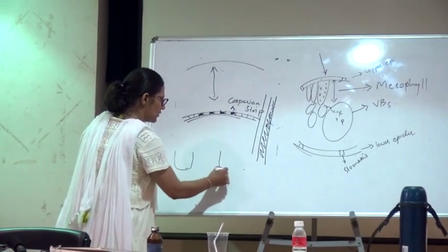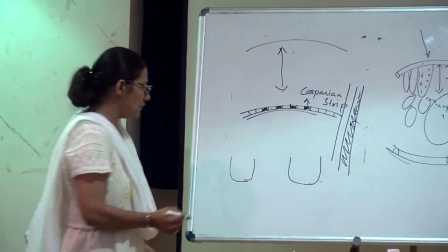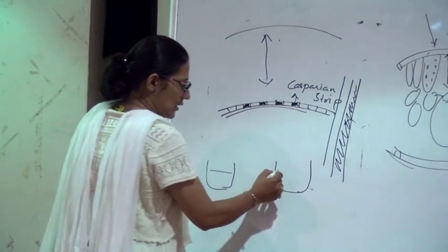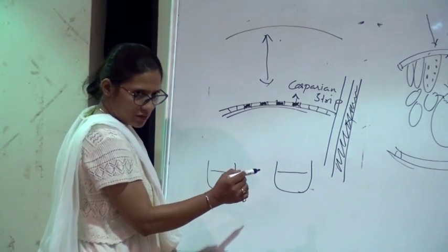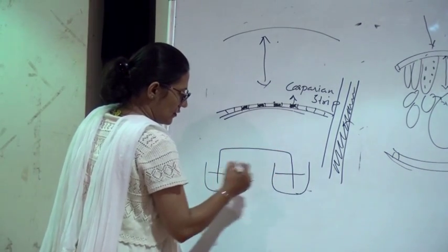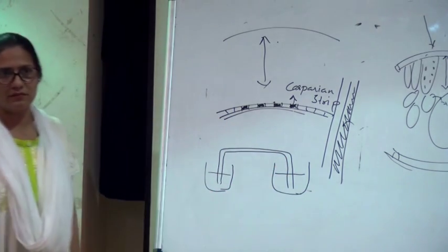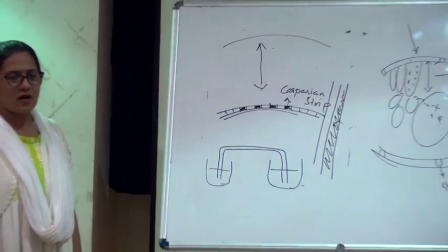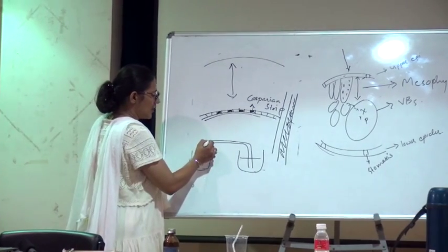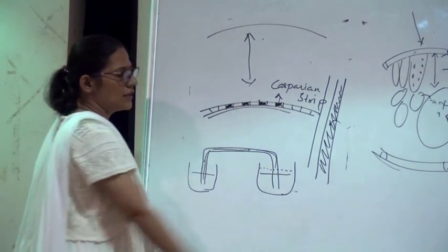He took two vessels, one with simple water and one filled with sugar, a different concentration, and these two vessels were connected through a pipeline. So what did he see? He saw that water molecules started traveling and the water level of the second vessel increased.